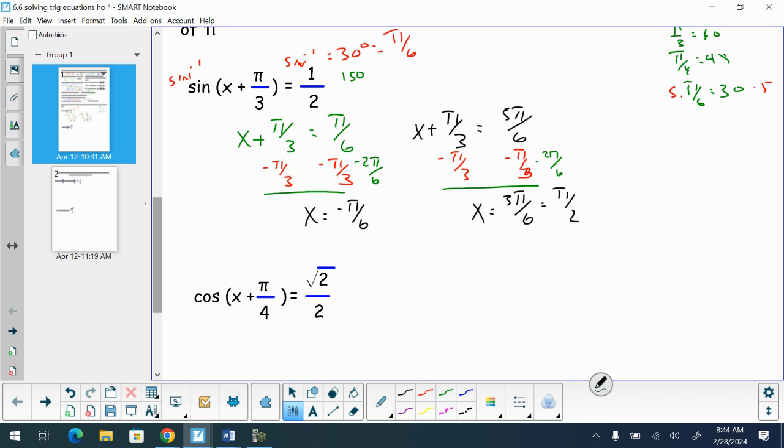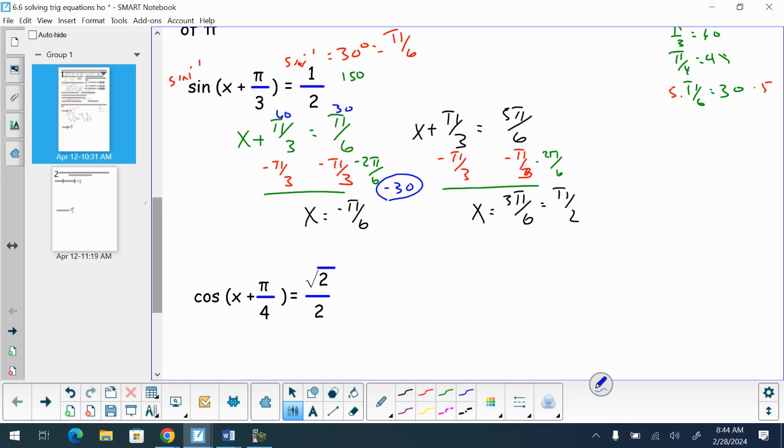Now, if you want to leave it in degrees and then convert back into radians when you're done, that is fine. If you want to say this is 60 degrees, this is 30 degrees, I subtract 60 over, I get negative 30 degrees here, and then convert back into negative pi over 6, that is fine.